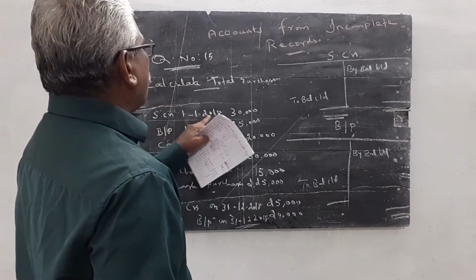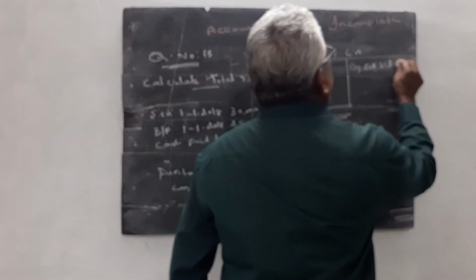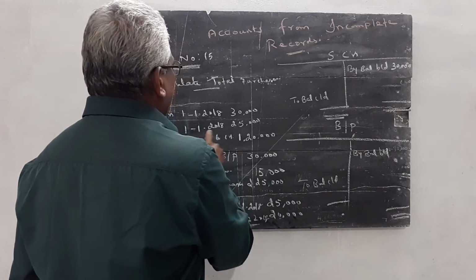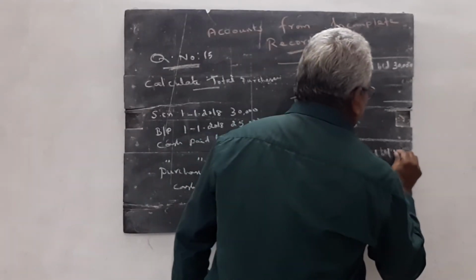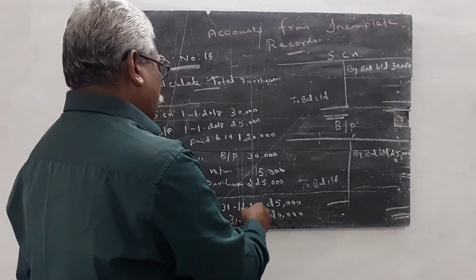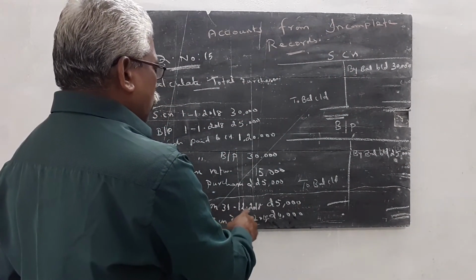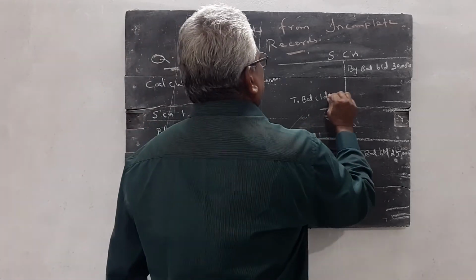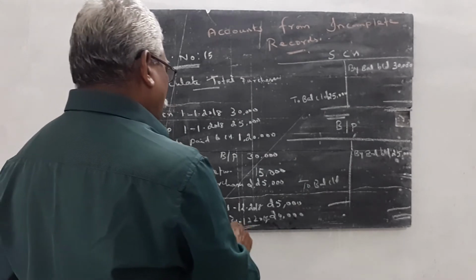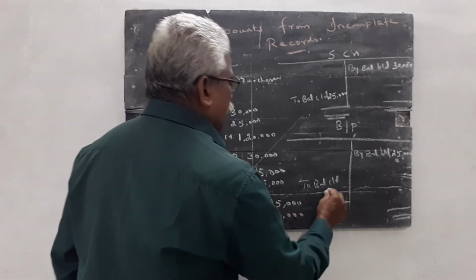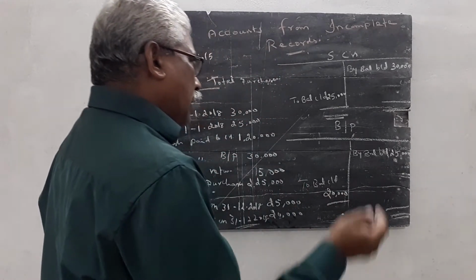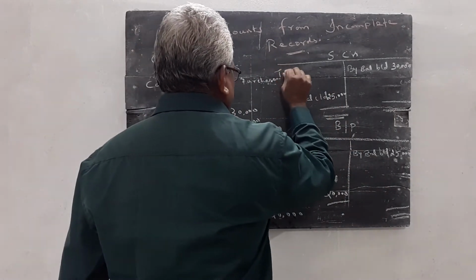Sundry creditors on 1/1/2018 30,000. So this 30,000 is entered here. Then bills payable on 1/1/2018 25,000. Opening figure is entered first. Then closing figure. Creditors on 31/12/2018 25,000. Bills payable as on 31/12/2018 is 20,000. Then cash paid to creditors is entered here.